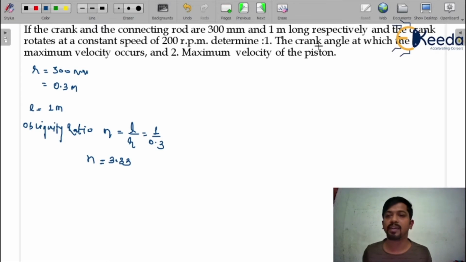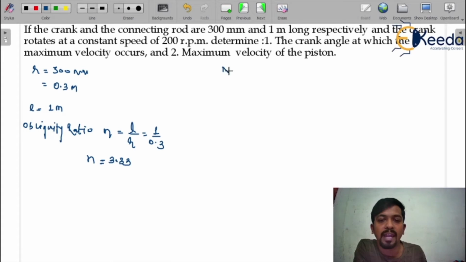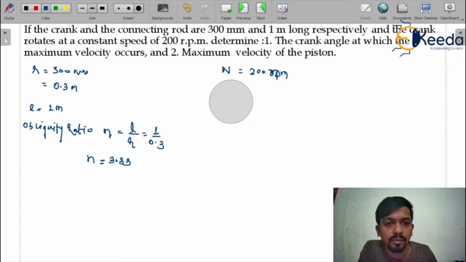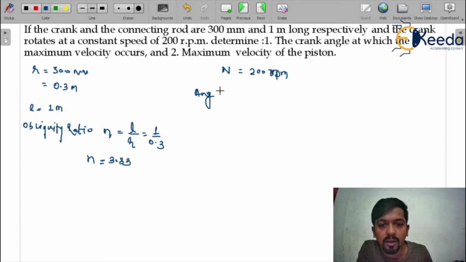Now in the question it is given that the crank rotates at a constant speed of 200 rpm. So N is the speed in rpm, that is 200. From here we can calculate the angular velocity of the crank. Angular velocity omega would be equal to 2 pi N upon 60.